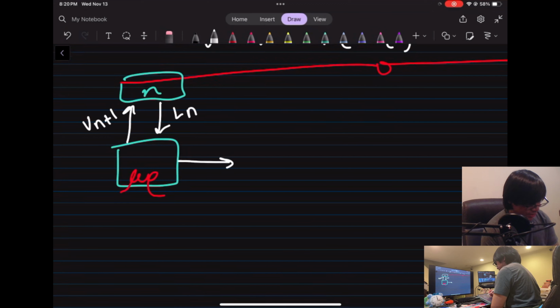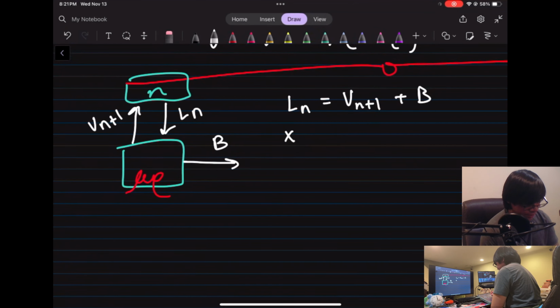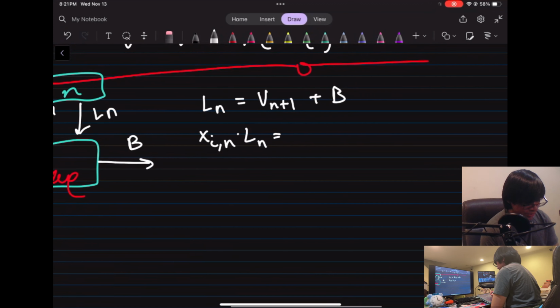This is Ln, and then this is our bottoms. So we have our mass balance: liquid at the current stage is equal to the vapor coming up plus the bottoms, component mole balance, xn. Also this is for the light key, so we correspond our mole fractions here.